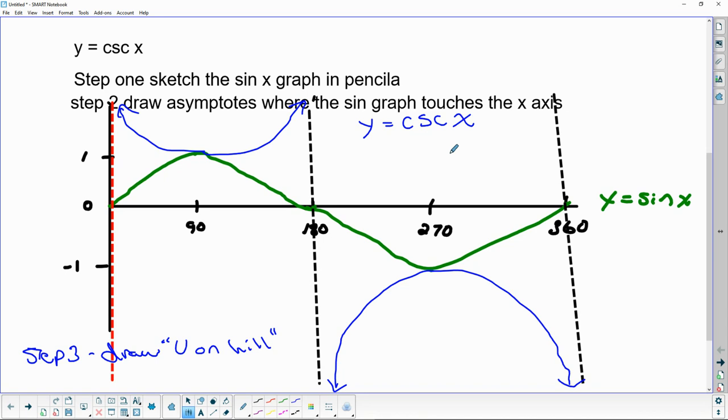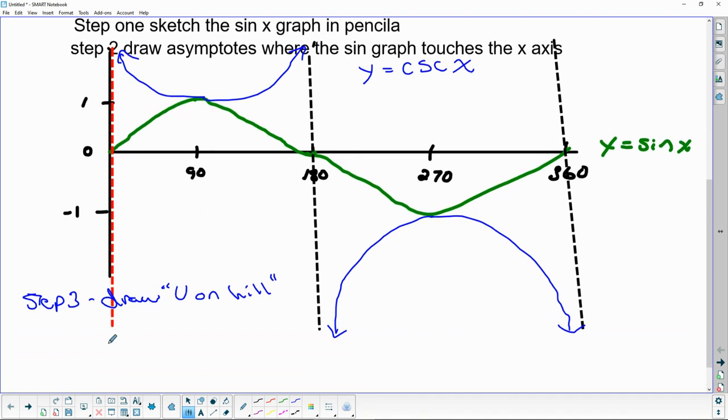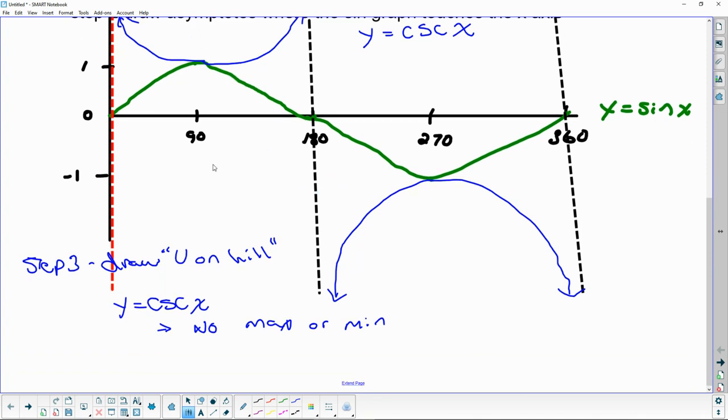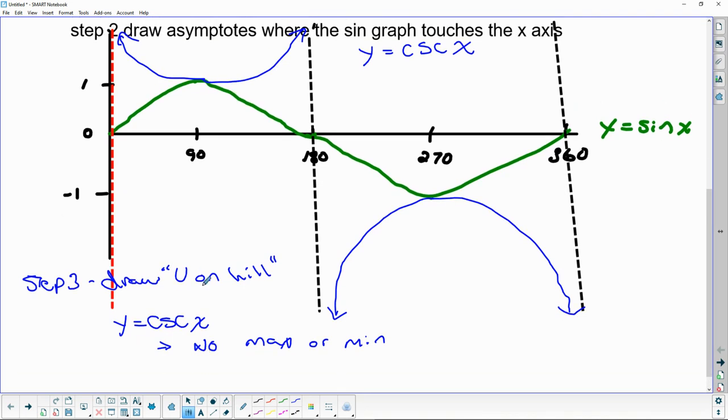It has no maximum or minimum, because it goes on forever, down and up. You can say negative infinity to infinity if you want. And then you can see that there are asymptotes.